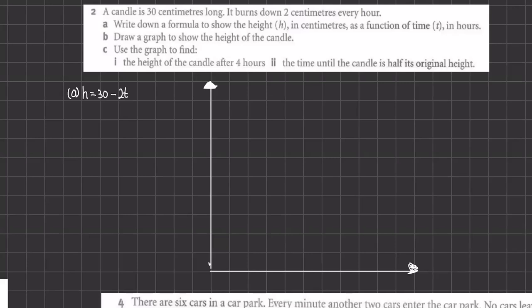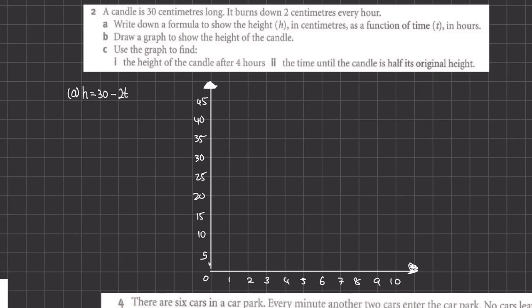Draw a graph to show the height of the candle. Well, sure. Let's just try to do it. 0, 5, 10, 15, 20, 25, 30, 35, 40, 45. So here, 1, 2, 3, 4, 5, 6, 7, 8, 9, 10.